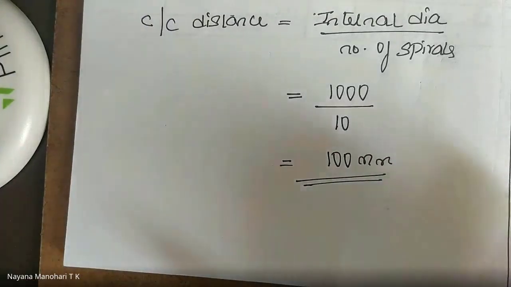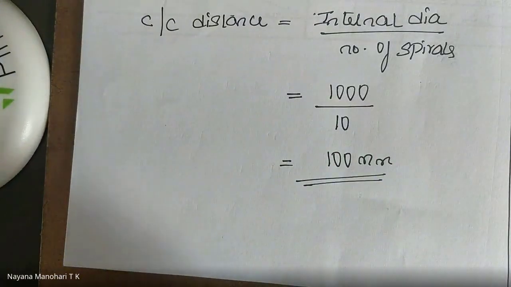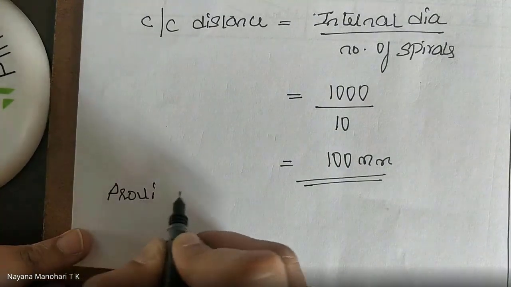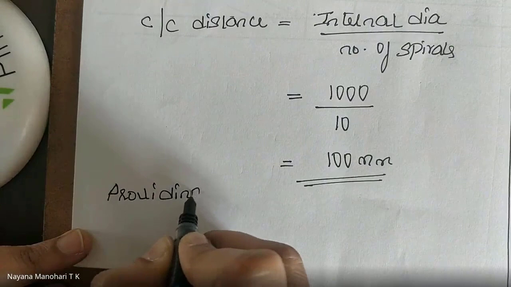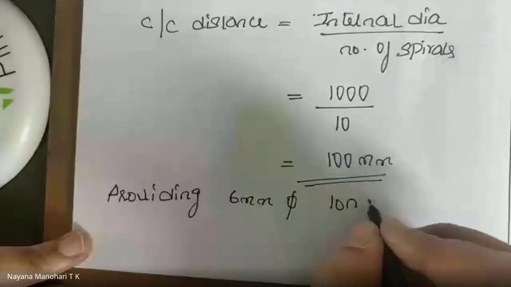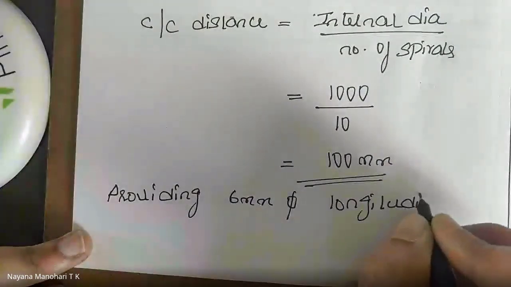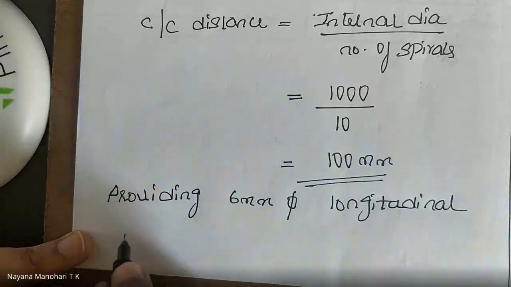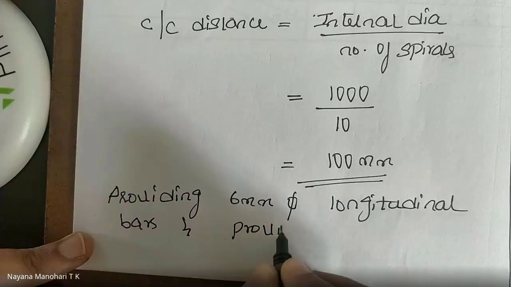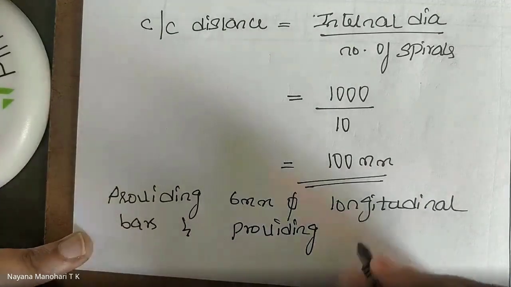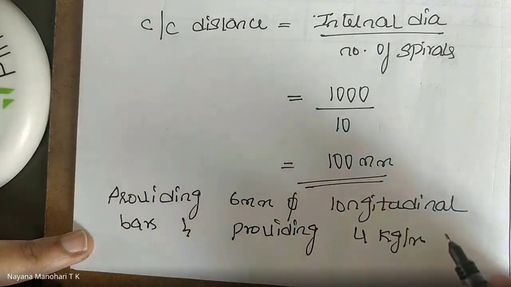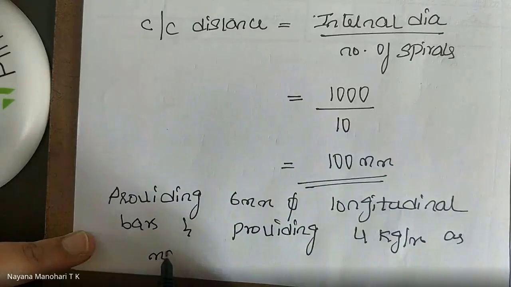Next, you need to calculate for the longitudinal bars. Assuming or providing 6 mm dia longitudinal bars and providing 4 kg per meter as main bars.